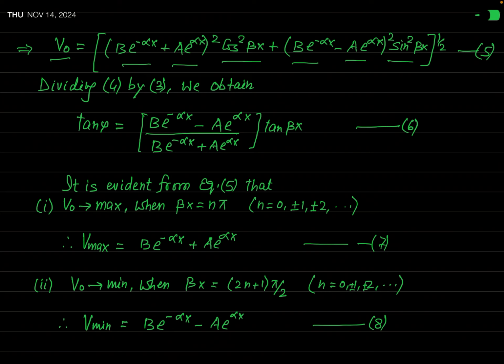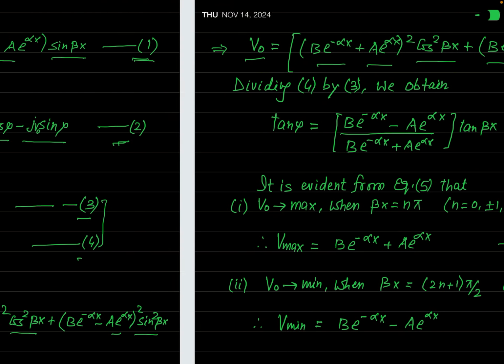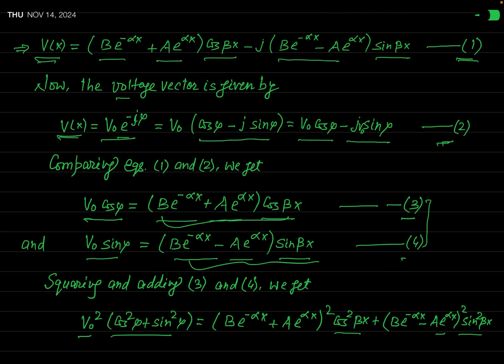Now if your aim is to find the phase of that very wave, then phi represents the phase. So for finding the value of phi, we will simply divide equation 4 by equation 3. When you divide equation 4 by 3, what will be in the LHS? V naught will simply cancel out, and sin phi over cos phi will be equal to tan phi.